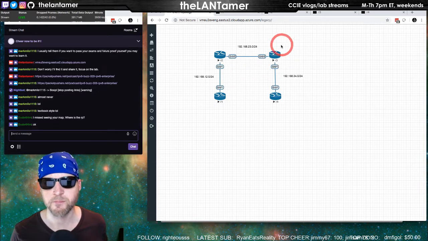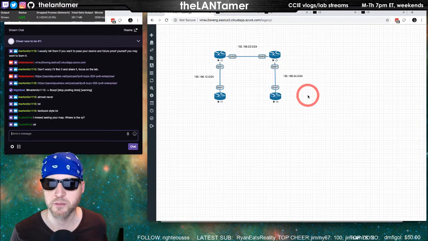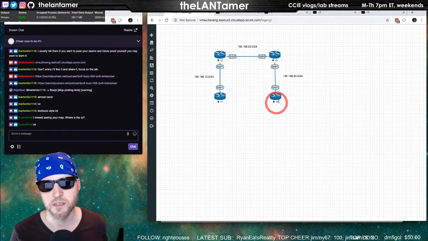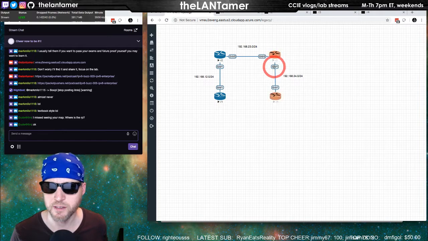So, for some reason I was thinking that the auto RP listener command had to be on the router itself, but it only has to be at least on an upstream router in the segment.